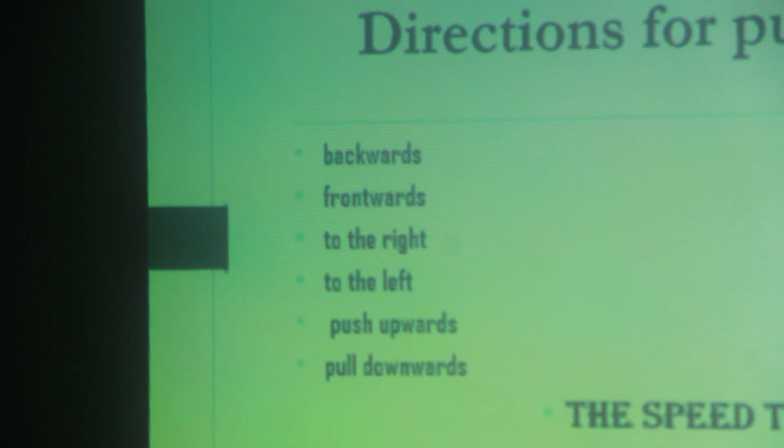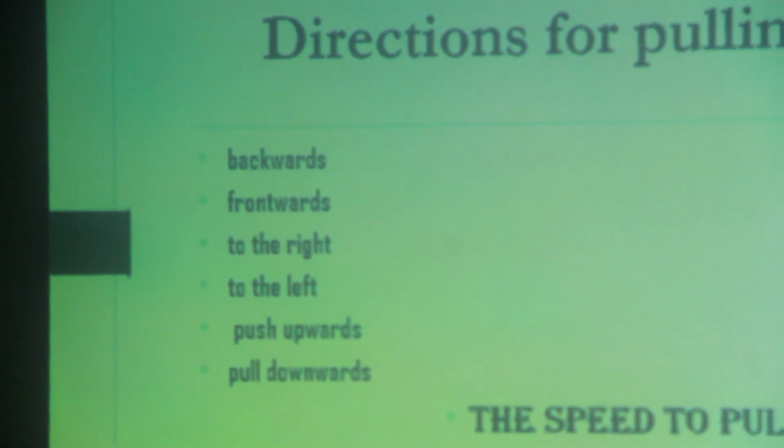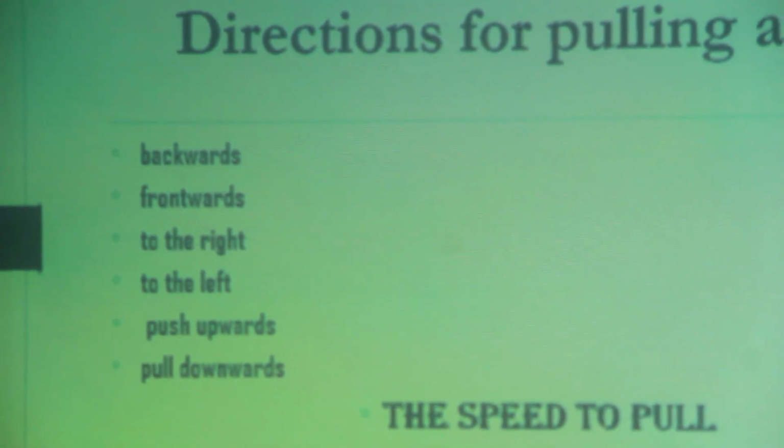We can pull and push to the right and to the left. We can push an object upwards, and also we can pull an object downwards. You can do so at a quick speed or even in a slow manner.